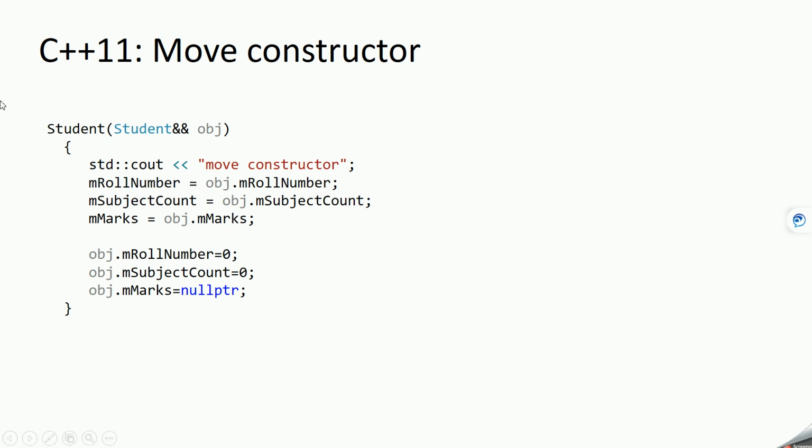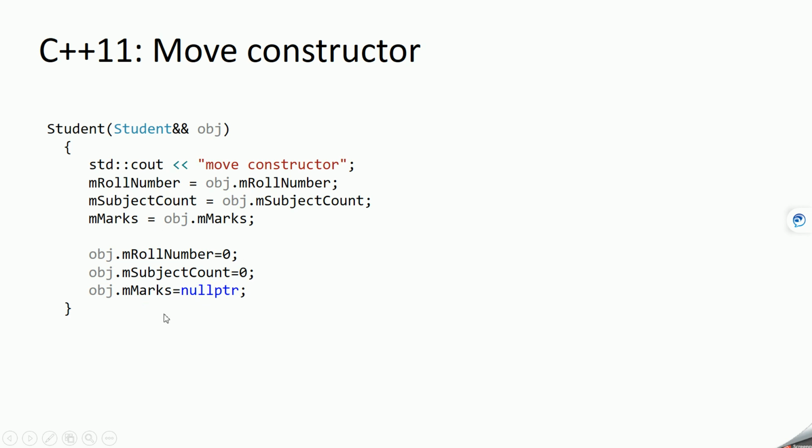So the marks pointer of the new object will point to this object's marks. And then we have to make this object's members point to the corresponding default value. Basically, in case of integer we'll assign 0, and in case of pointer we'll assign null pointer.